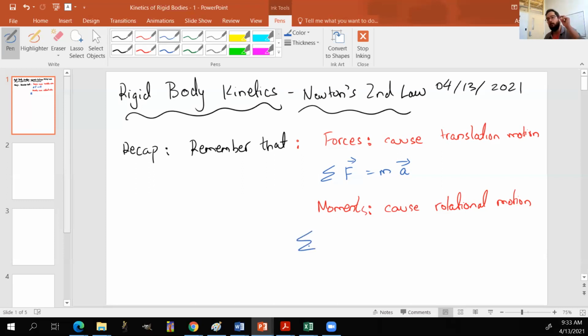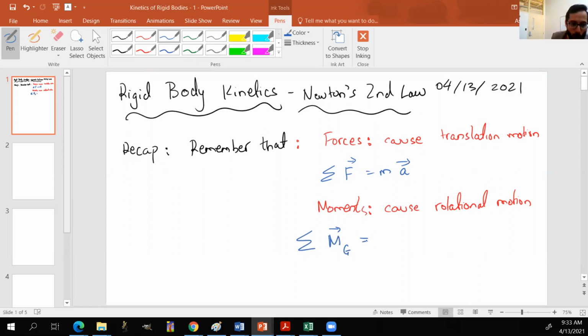But to make lives easy, it's very problem dependent, but in a general sense, we like to take the moments about the mass center, the center of gravity, or the centroid, which for our intents and purposes is the same thing. Some people will tell you that centroids and mass centers are not the same. They might be right, but for us, we're going to consider them the same.